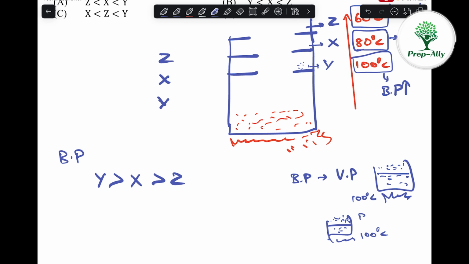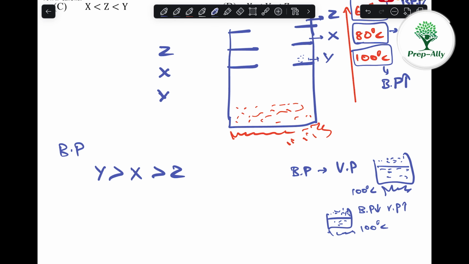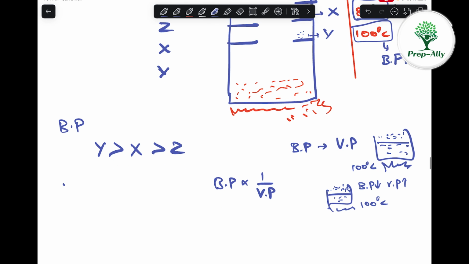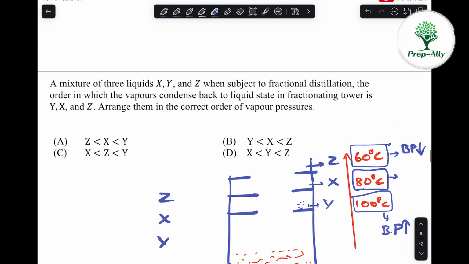The one with the lower boiling point will have more vapors, which will exert more pressure on the surface, and the vapor pressure is going to be higher. So boiling point and vapor pressure are inversely proportional, right? Then the vapor pressure order will be Y is going to be less, and then X, then Z. So Y, X and Z is going to be your answer. The answer is going to be B.